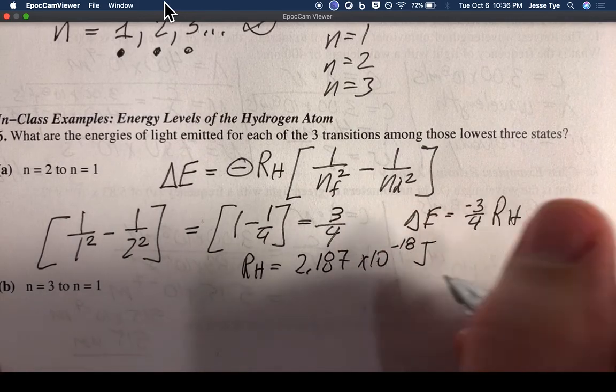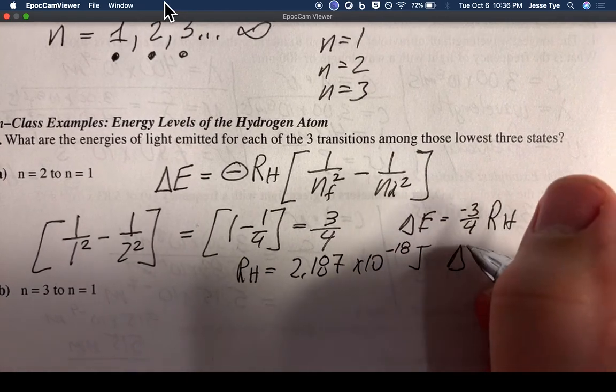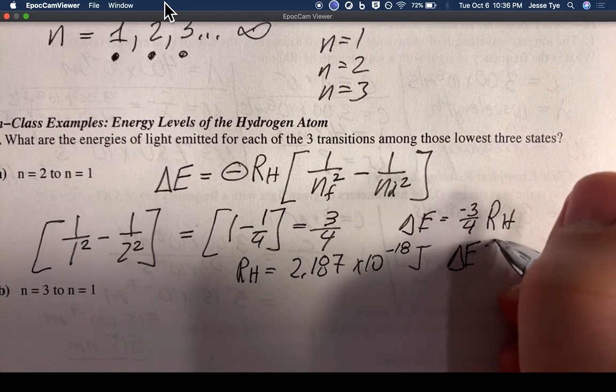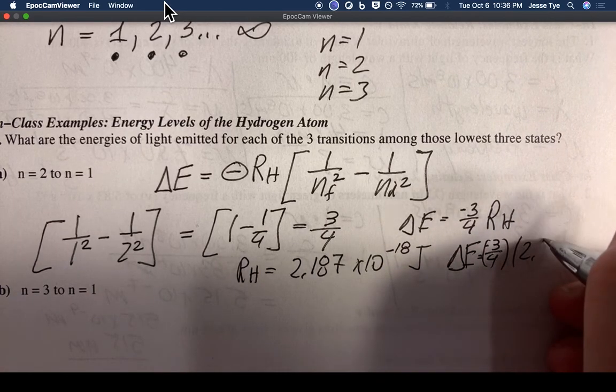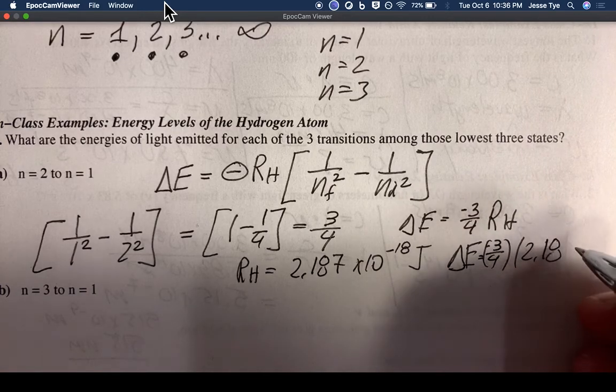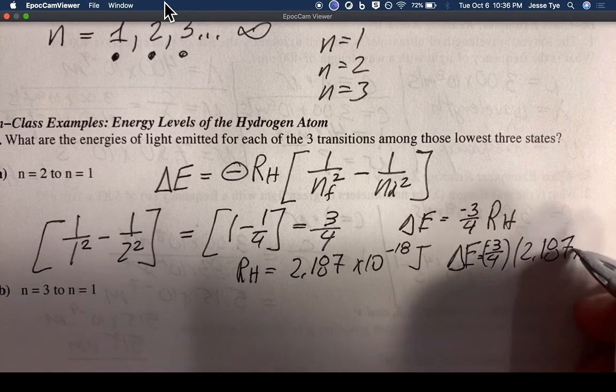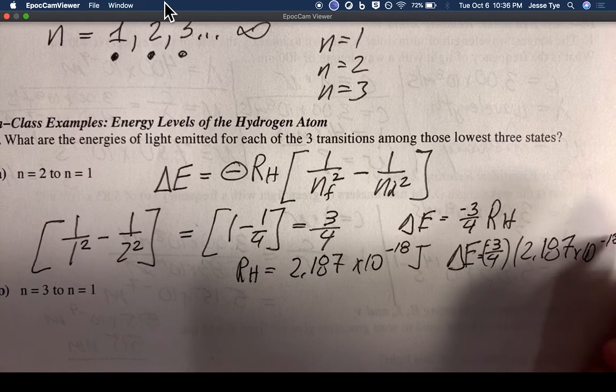Okay, so then my energy for this transition is minus 3/4 times this big number, or small number actually, 2.187 times 10 to the minus 18 joules.